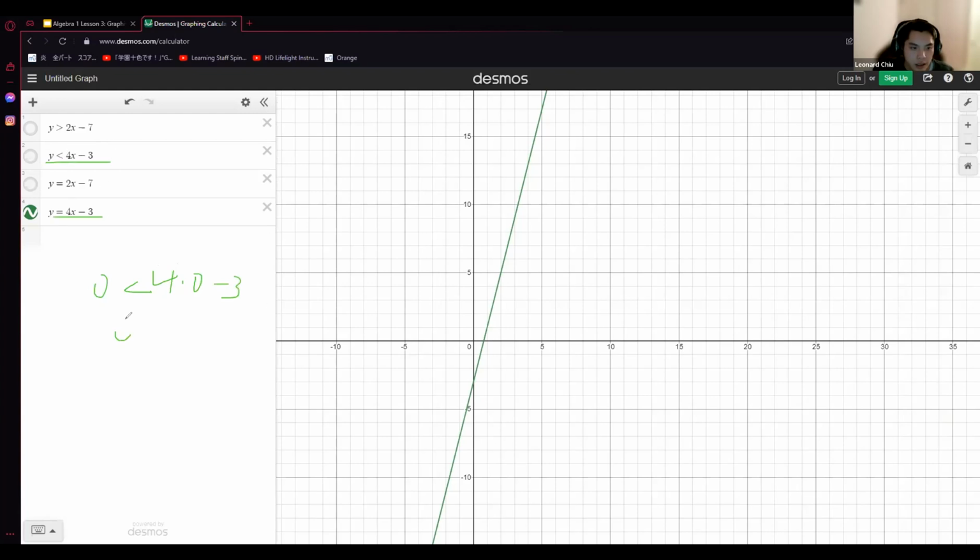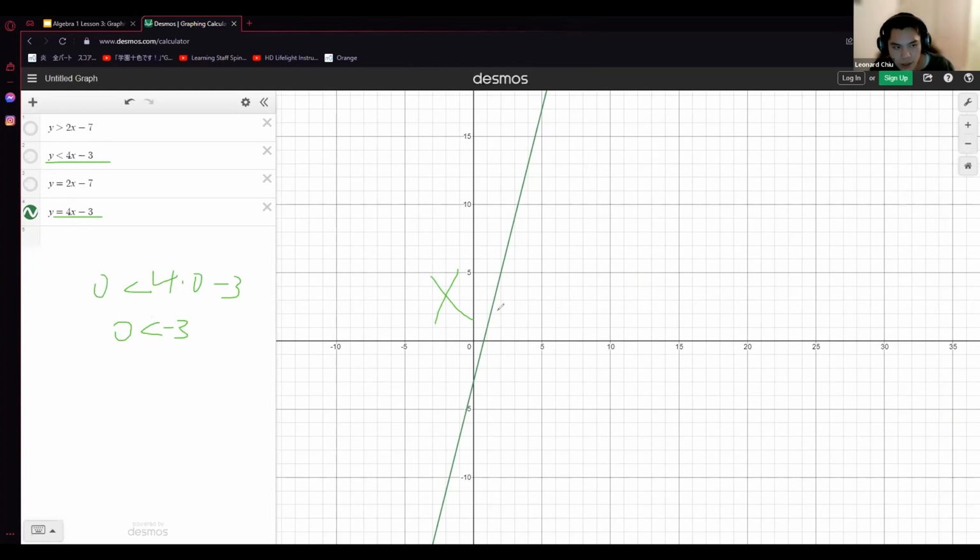So you get 0 is less than negative 3. Well, is that right? No, it's not, because negative 3 should be smaller than 0. So we know that this side is wrong. So once you test one point and it's incorrect, you basically know the other side is going to be the correct one. So this one's probably going to be the correct one. But just for practice purposes, we're going to check with another point.